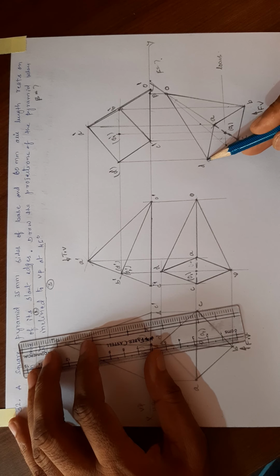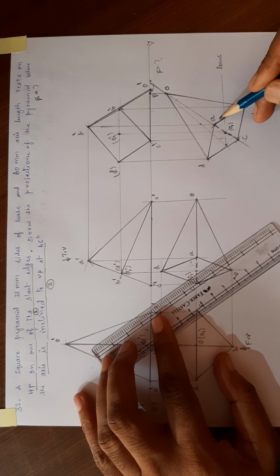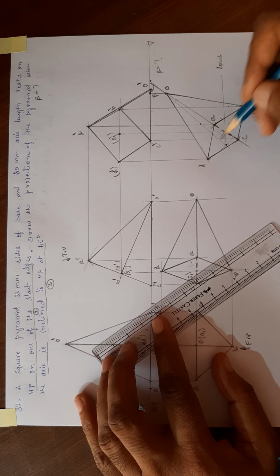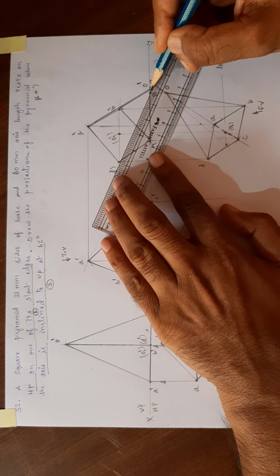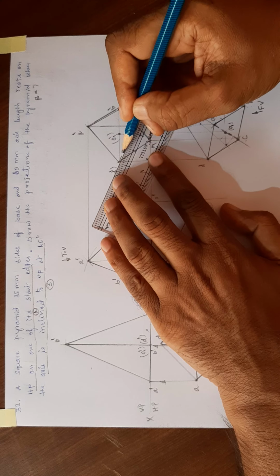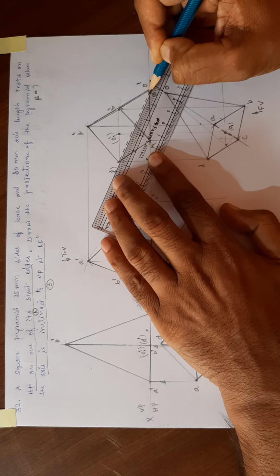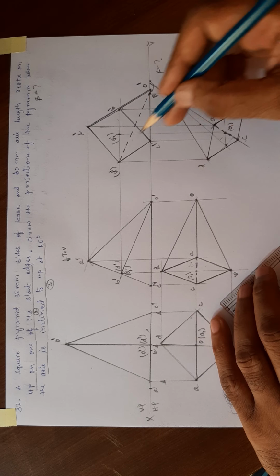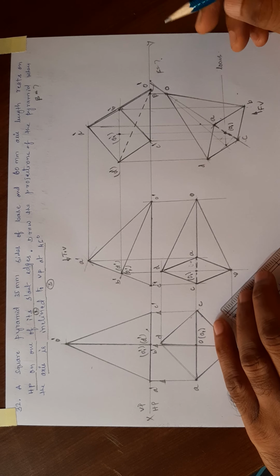A is also visible, very near. D is away from the observer, so it is drawn with a dotted line. See, the observer is here, so D is away from the observer, so this OD is invisible. In the front view OD is invisible, so draw it with a dotted line.